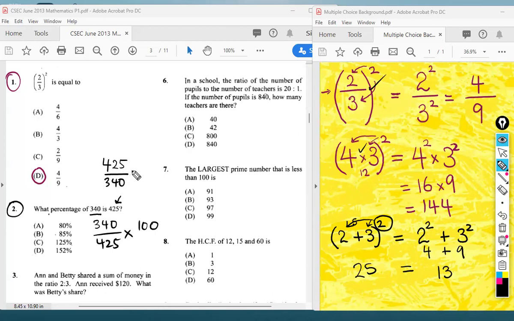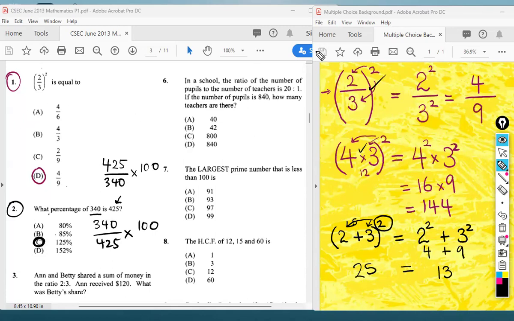So it's 425 over this multiplied by 100, right? And the answer would be what now? C. All right, so I hope you got it correct now. You understand it.